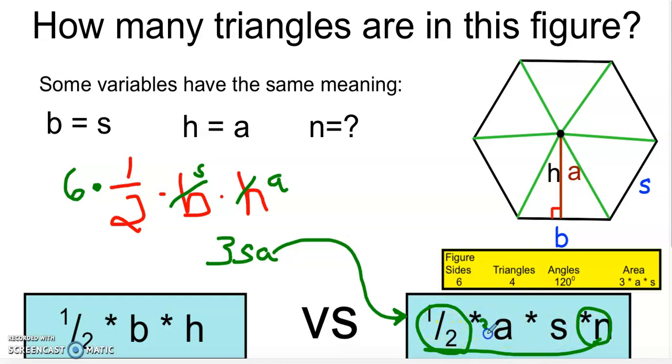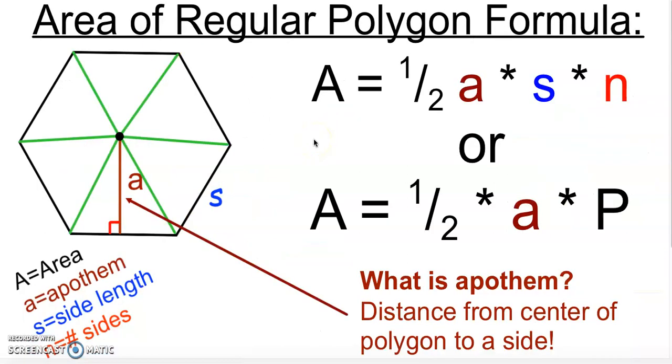So this is 3AS. So when I tell you there's one area formula for all regular polygons, it's really true, and it's this formula right here. So the formula for any regular polygon is 1/2 times A times S times the number of sides.